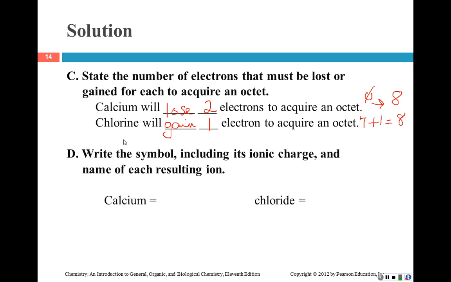So finally, we're going to lose 2 electrons with calcium, and so that's going to give us Ca what? 2+. And chloride, we gained 1, so that's going to give us Cl-. Notice we don't have to write -1. 1 is usually understood in chemistry in most instances.